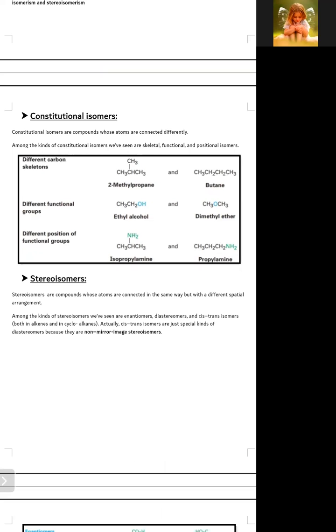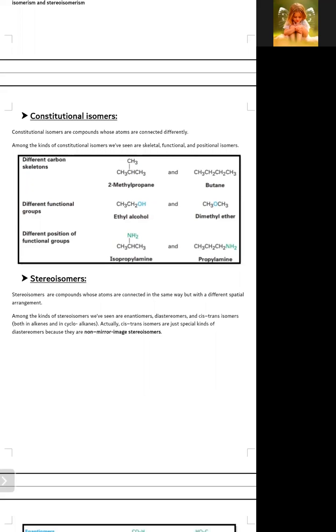Among the kinds of constitutional isomerism we have seen are skeletal, functional, and positional isomers. First is skeletal isomers, whose atoms are connected differently, and 2-methylpropane and butane are skeletal isomers.